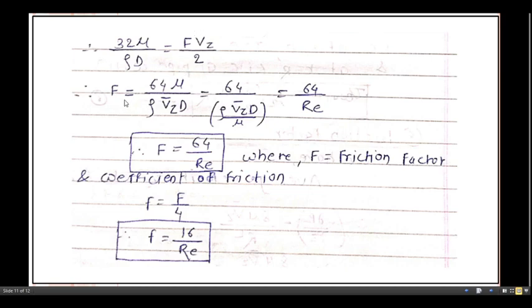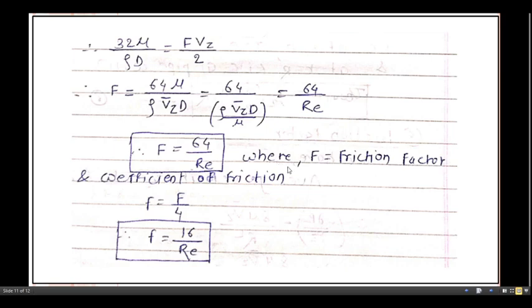For the friction factor we get the relation F equals 64 divided by rho Vz bar D over mu, which is nothing but the formula for the Reynolds number. So F equals 64 divided by Re.